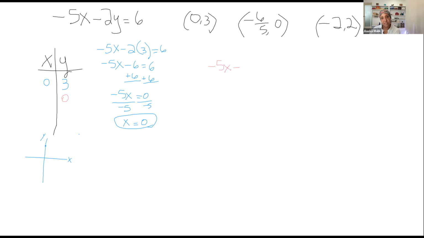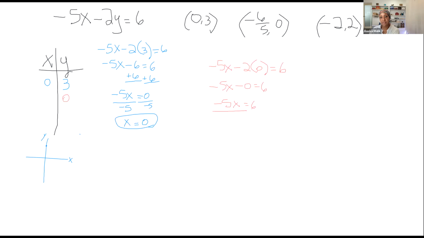Minus 2 times 0 equals 6. Minus 5x minus 0 equals 6. Minus 5x equals 6. I want to get my x by itself.